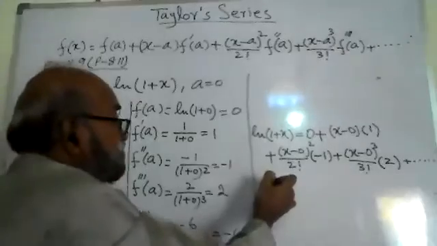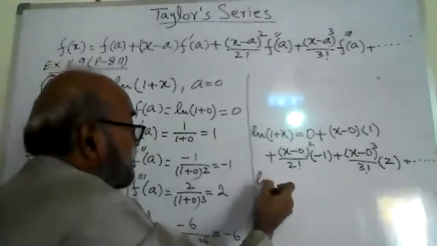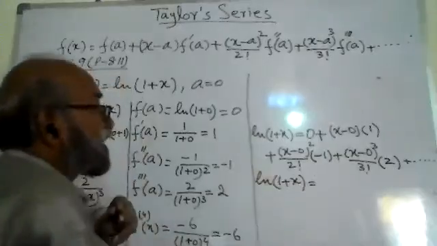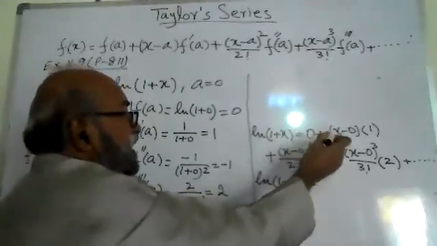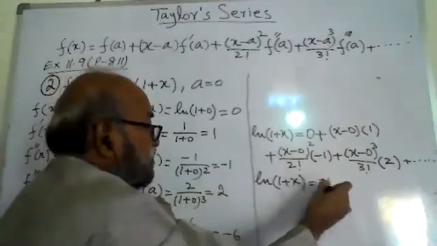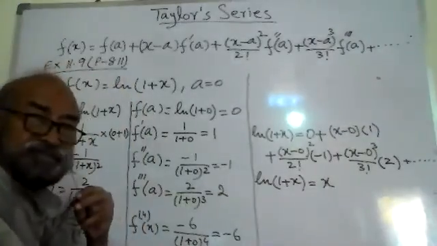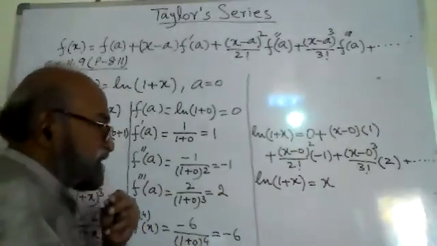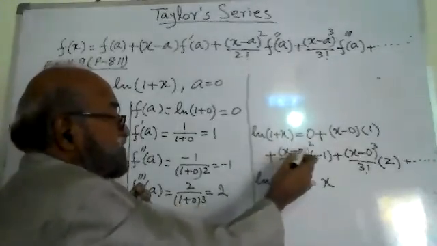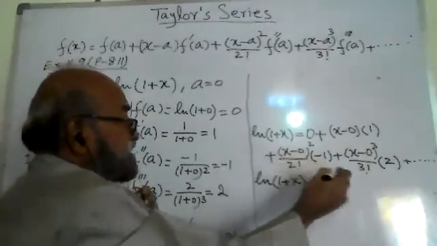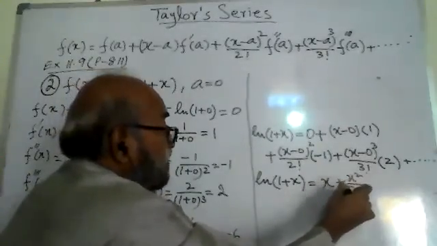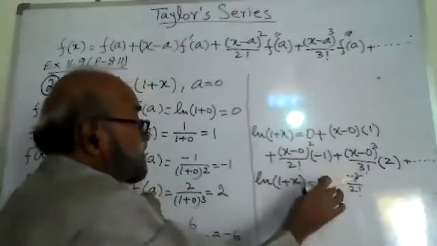It will become ln 1 plus x will become 0. x minus 0 will be x, x into 1 will be x. The next, x minus 0 whole square means x square upon 2 factorial into minus 1 will be minus.